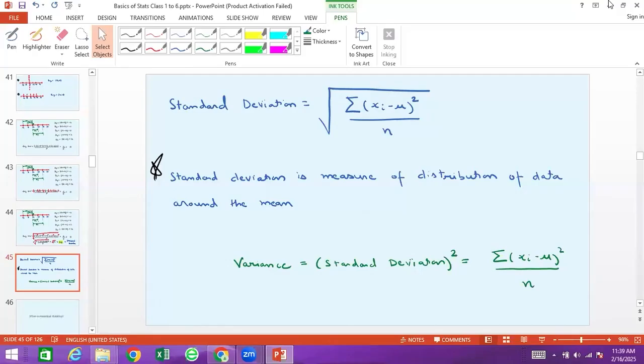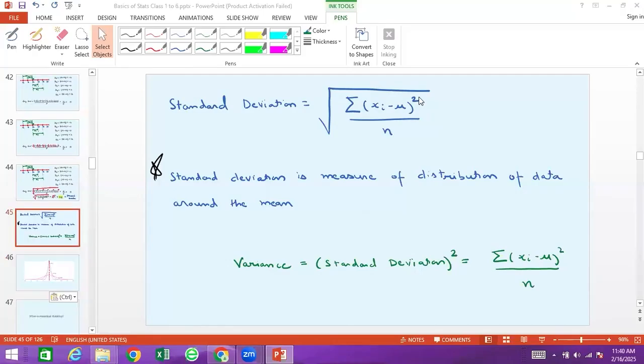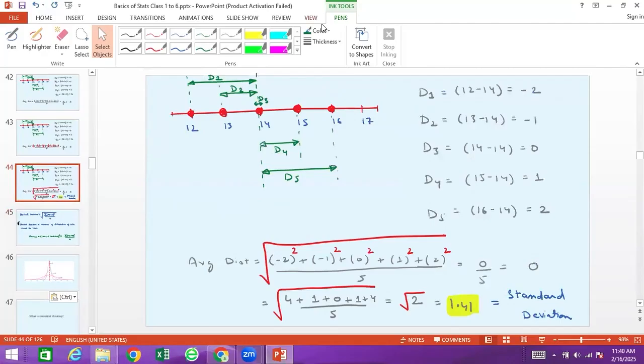It is saying xi minus mu square, right? So here, this is xi minus mu. 12 minus 14 square you are doing, and then the summation of all.